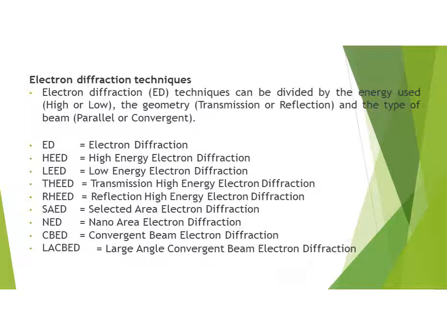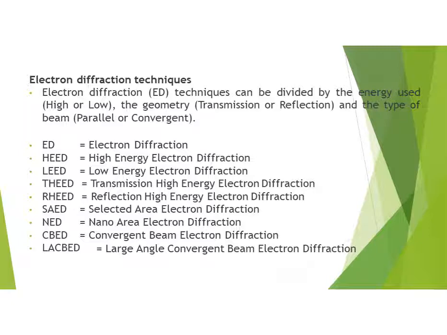The electron diffraction techniques can be divided on the basis of energy, geometry, and the beam type of electrons. Here we know that energy may be high or low, geometry may differ between transmission or reflection, and the beam of electrons may be parallel or convergent. So by these different parameters, we can classify electron diffraction techniques into different types.